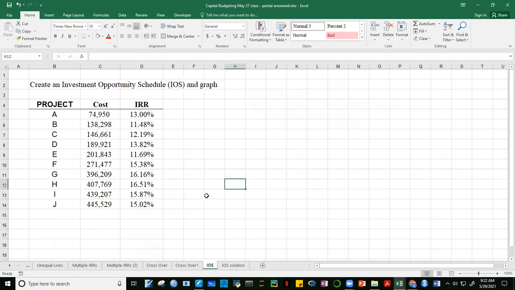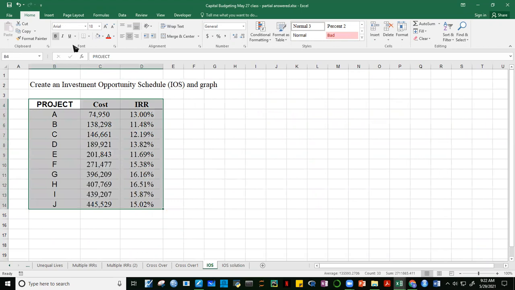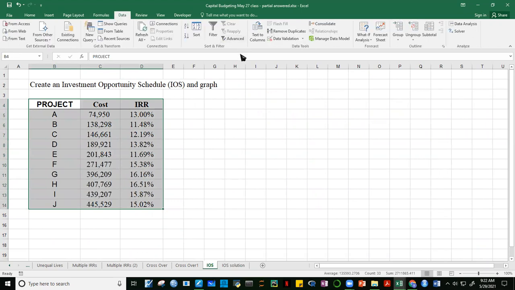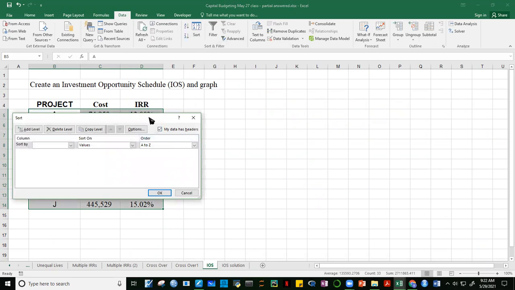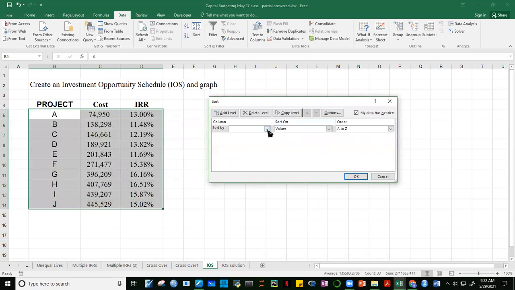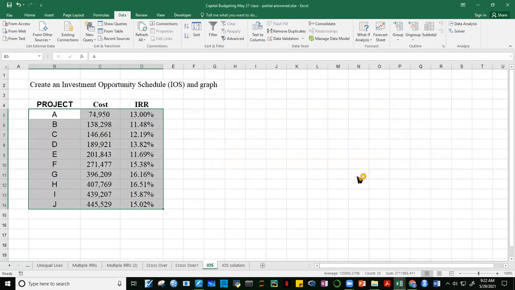Let's go back to our data. So we will have to sort by IRR. So data, sort. We sort according to IRR values. We sort from largest to smallest.